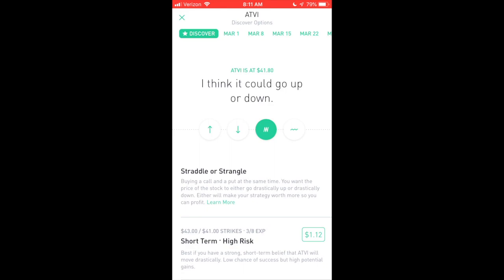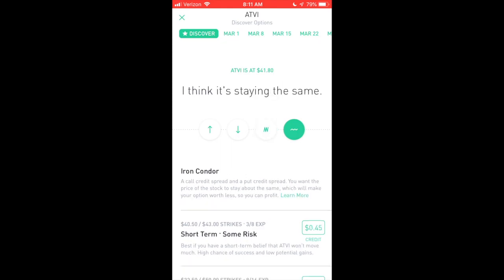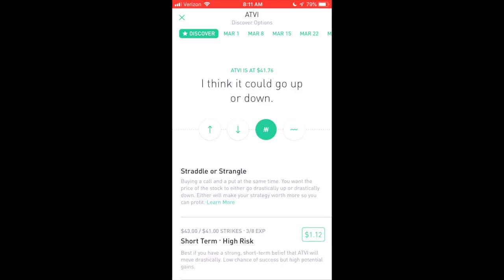Basically, to break this down, really simple, a straddle or a strangle means that you're buying both a put and a call. And then also here for the iron condor, that would be selling a put or a call because you think that the price is going to stay relatively the same. Again, I don't believe it's going up. I don't believe it's going down. And then with the straddle or strangle, I believe it could go up. I believe it could go down. So you're buying at that point.